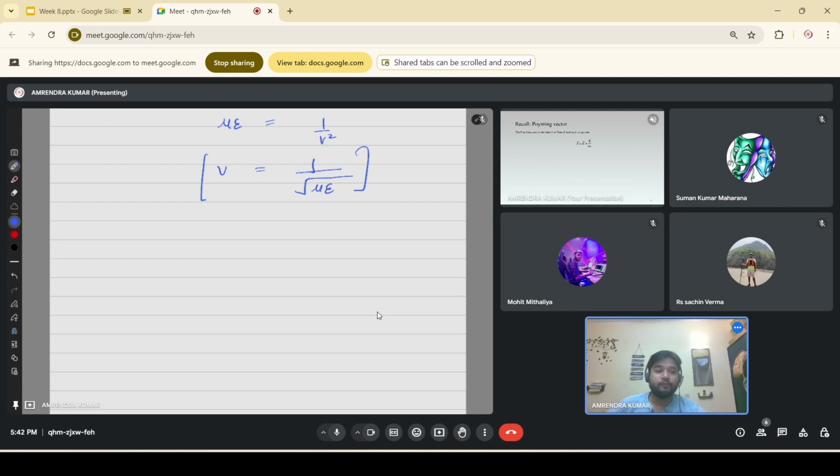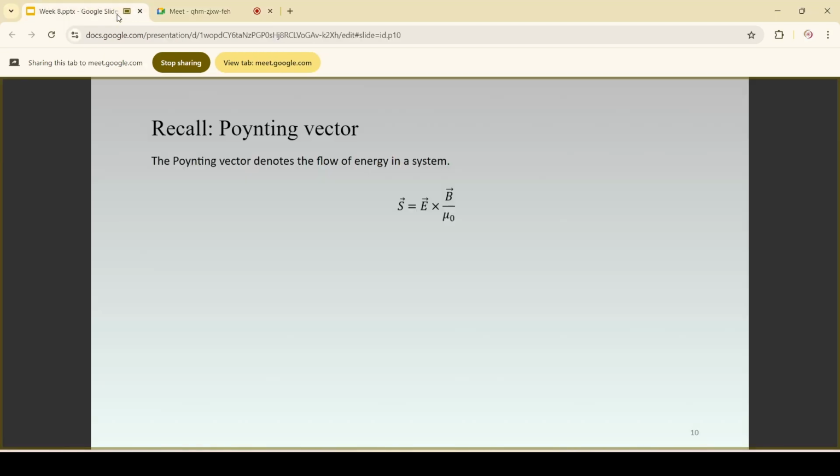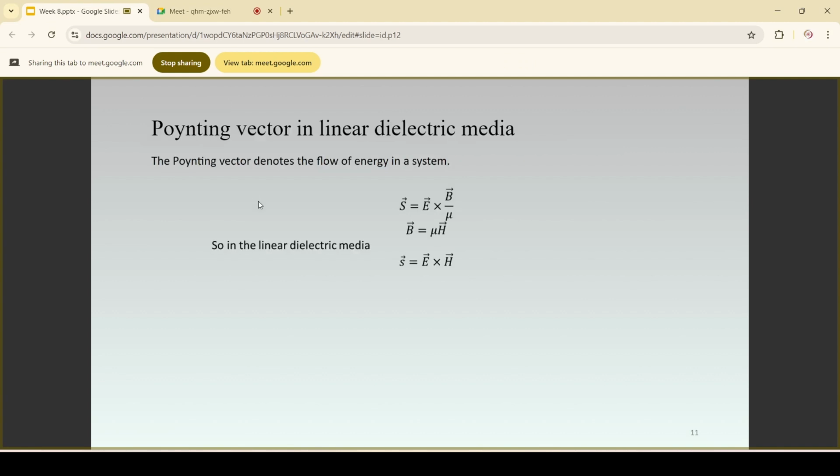Now, how does this Poynting vector get modified in a media? That is our next thing. So we know that the magnetic field is proportional to the applied field intensity.